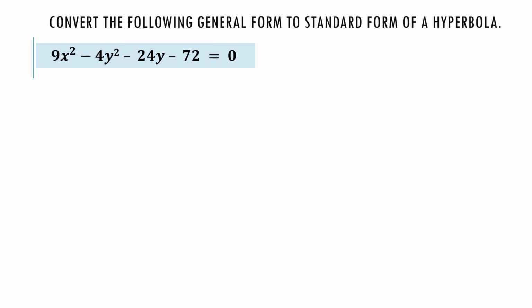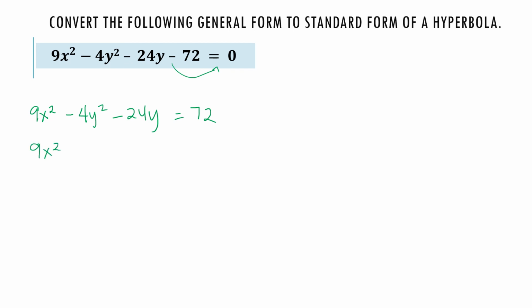Another one. 9x^2 - 4y^2 - 24y - 72 = 0. So again, combine natin yung mga terms na with x at yung mga terms na with y. We have 9x^2 - 4y^2 - 24y equals 72, by addition property of equality. 9x^2.